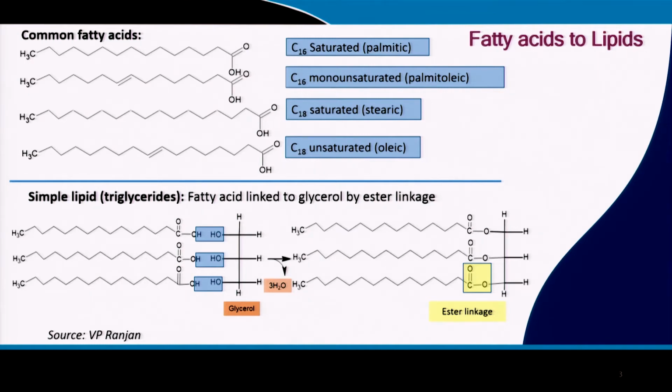Archaea do not have ester linkages between the fatty acid and the glycerol molecule. They have ether linkages. So it's a biomarker to differentiate these types of bacteria. They're all prokaryotes, but we have archaea and the regular normal bacteria.